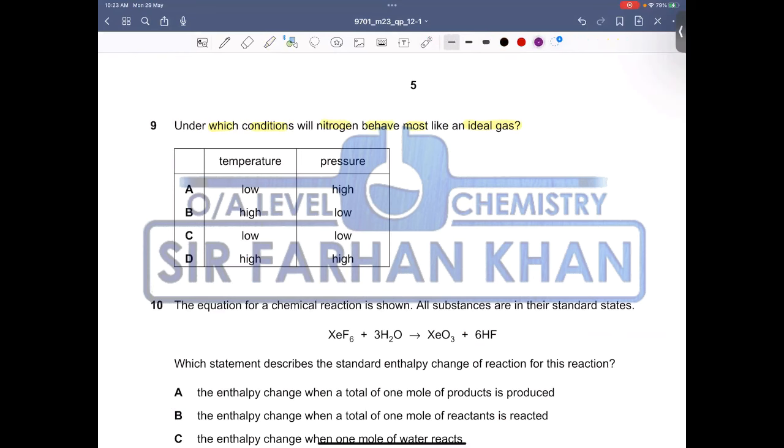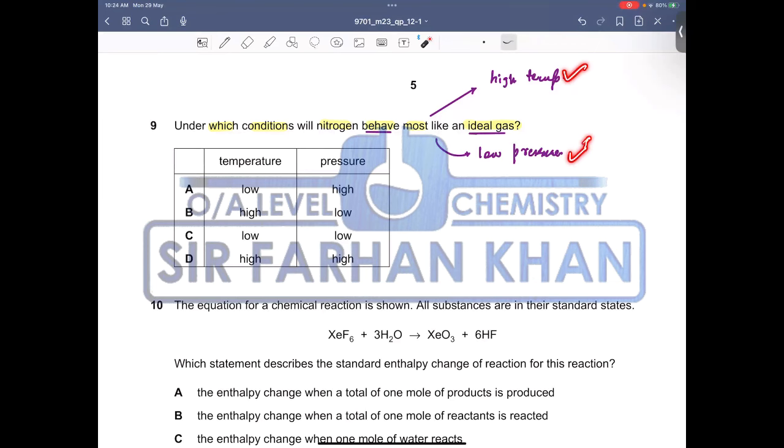If you need ideal behavior, obviously you need high temperature and low pressure conditions, because under these two conditions the gaseous molecules go far away from each other, and obviously the attractive forces between the molecules become negligible, and also the volume of the molecules is negligible compared to the total volume of the gas.